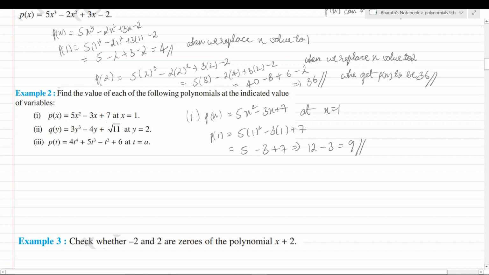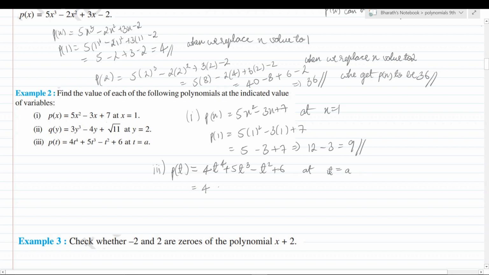Similarly, let's do it for the third question. Third question seems to be a little hard. P of t is equal to 4t to the power 4 plus 5t cubed minus t squared plus 6 at t is equal to a.